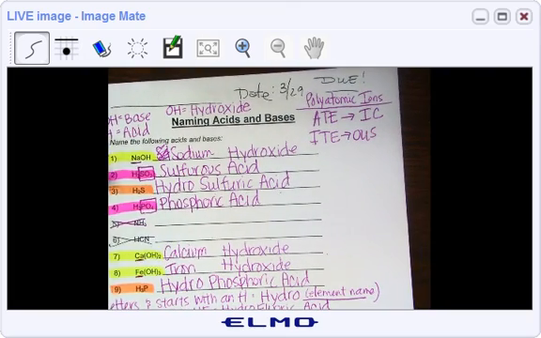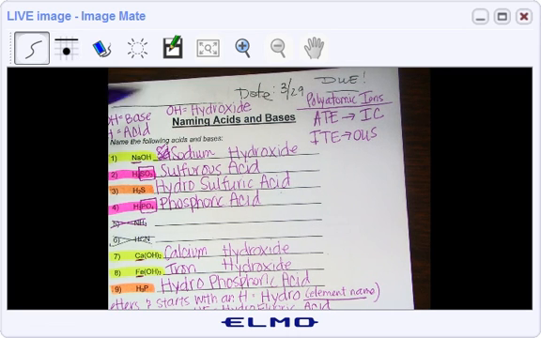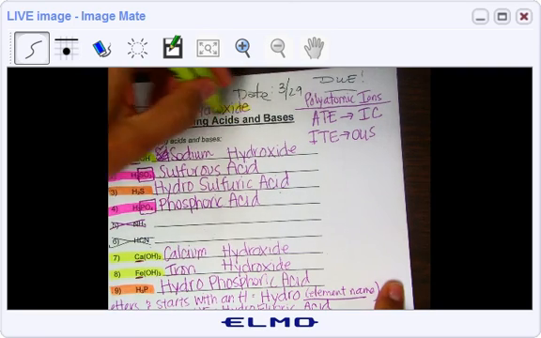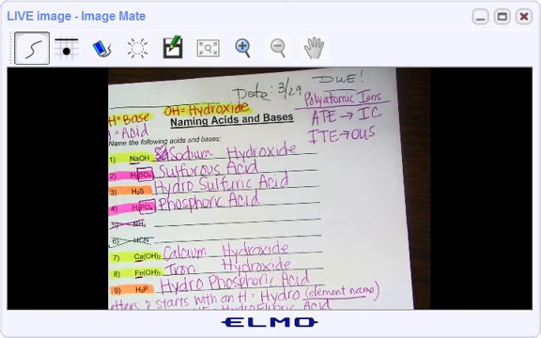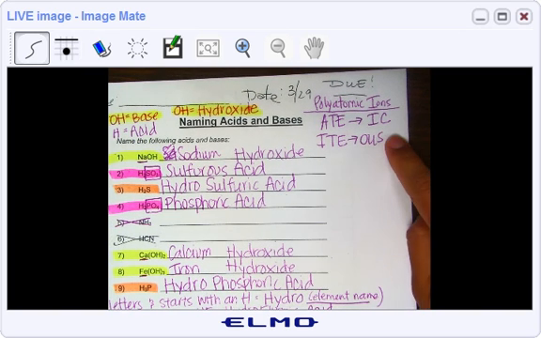And they all end in acid. Again, the only ones that will be bases are ones that have OH in it. Everything else is an acid. So when you name it, add acid. Make this note up here. I'll give you a minute to write that before we continue.